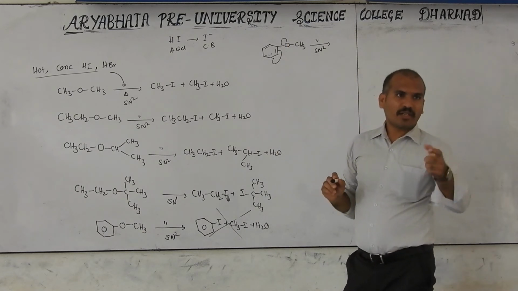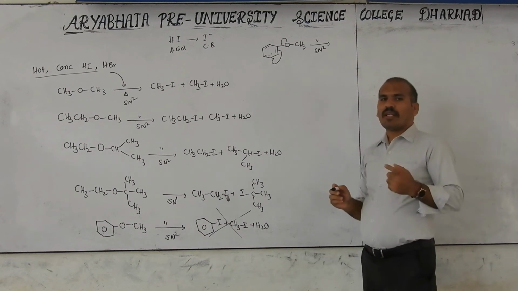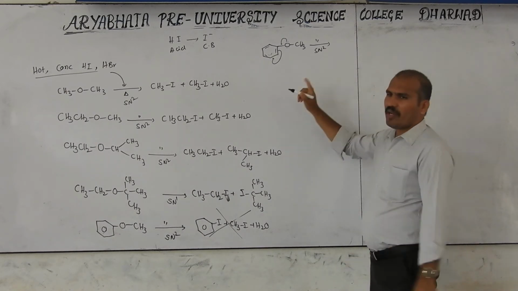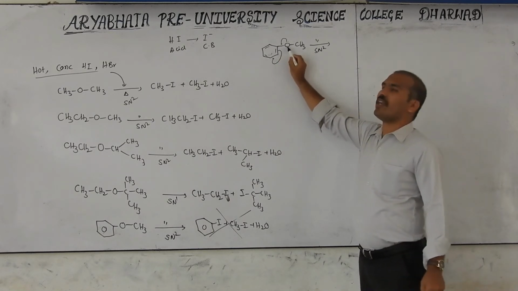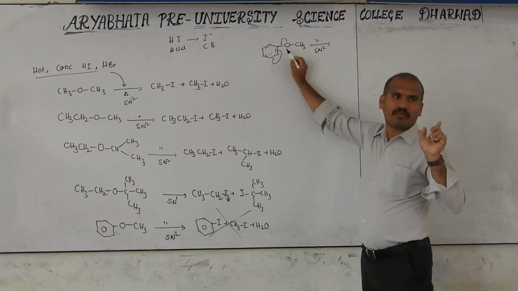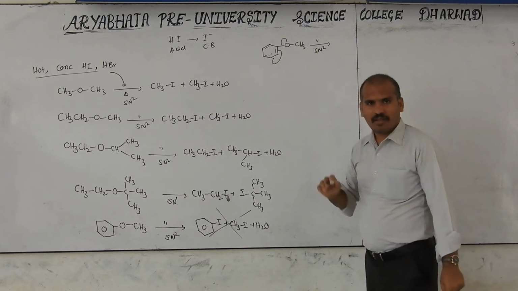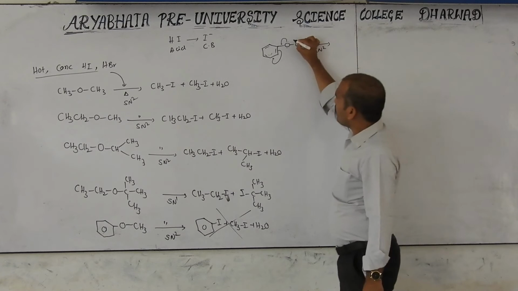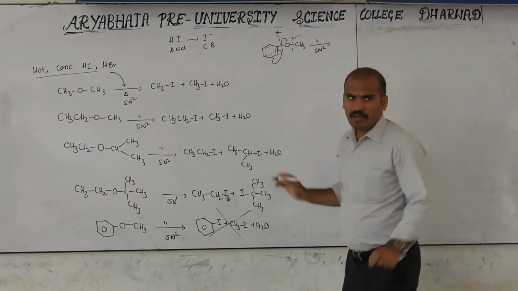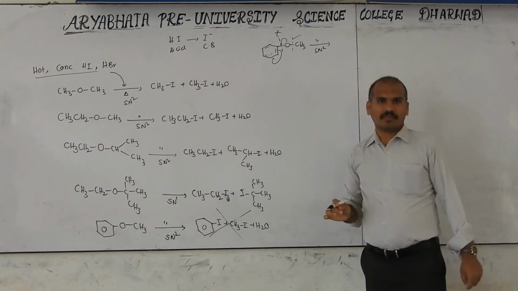Double bond character. Due to this double bond character, that bond breaking is difficult. That's why keep in mind, when a phenyl group is bonded to this oxygen, there is no bond breaking. Then which side bond breaking? Right side only. This side only bond breaking is possible. This side bond breaking is not possible. Reason? Partial double bond character.